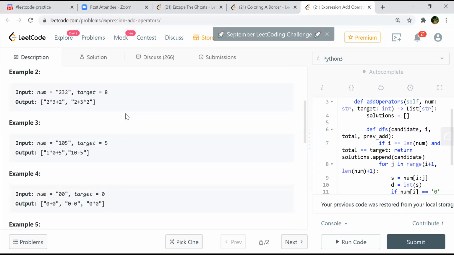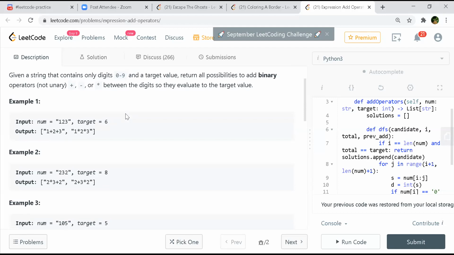Yeah, so what should be our approach here? Okay, so digits can also be concatenated, right? We can have multi-digit numbers also, right? Yeah.